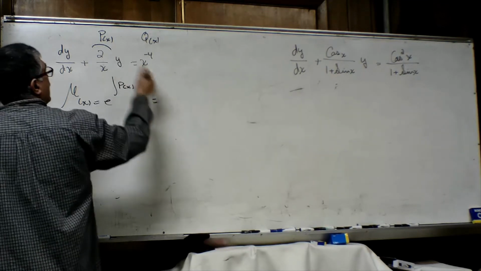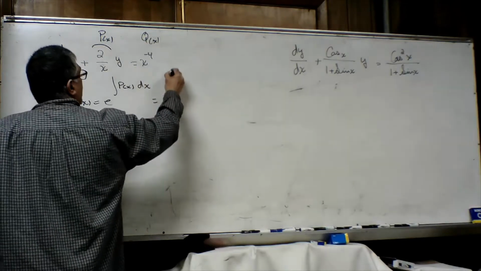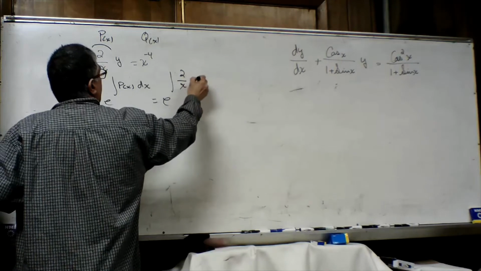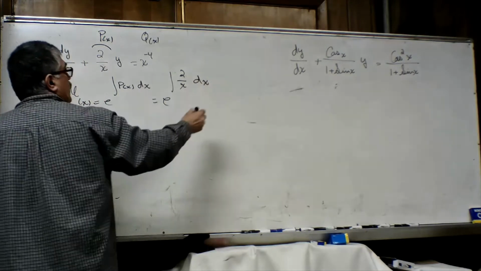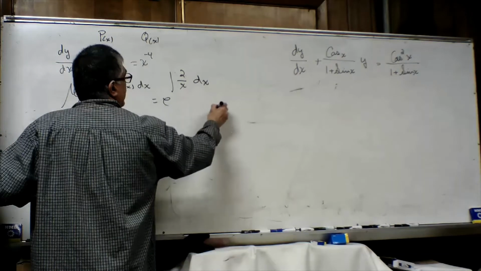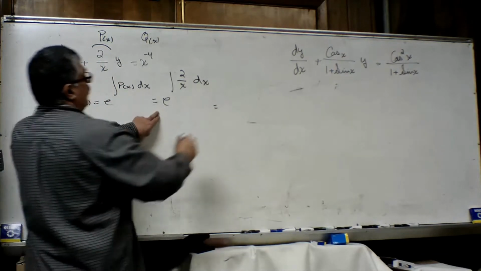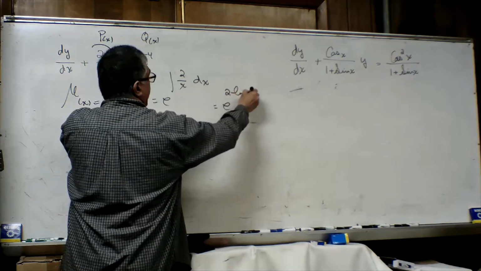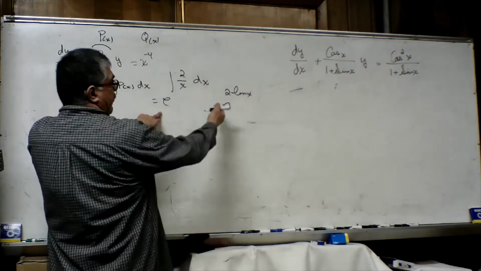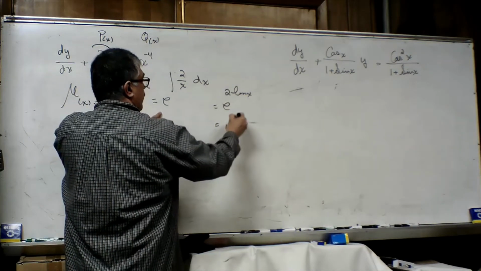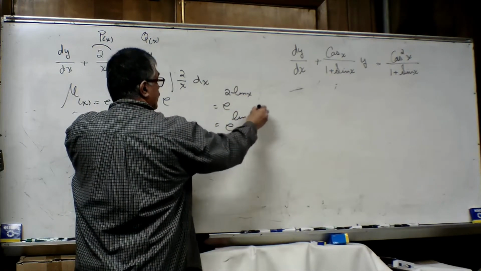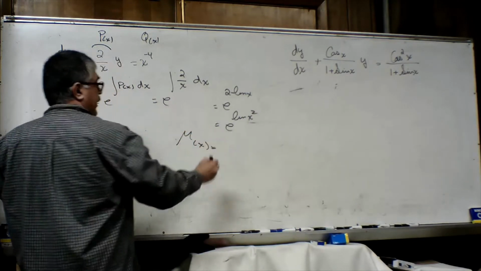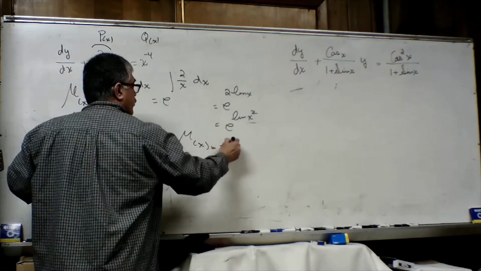So it's going to be e to the power integral of 2 divided by x dx, which is equal to e to the power 2 natural log of x, or we can write this as e to the power natural log of x squared. So our mu(x), our integrating factor, is going to be x squared.